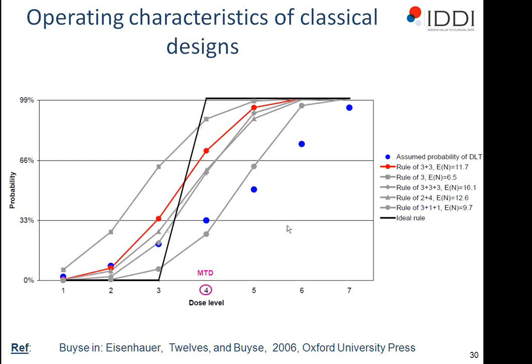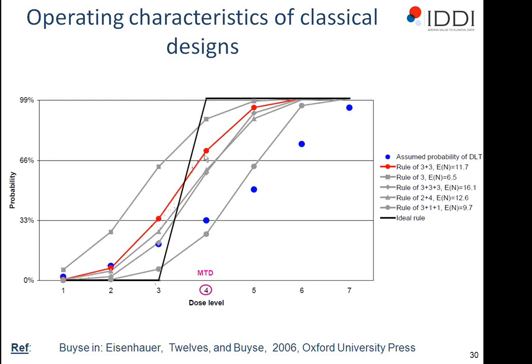Now, if you look at the 3+3 rule, so the classical design, the operational characteristics are indicated by this red line. So we can see that the cumulative probability of putting patients at dose 4, so at the MTD or lower doses, is about 67%, whereas the cumulative probability of putting patients at dose 3 or smaller is 33%.